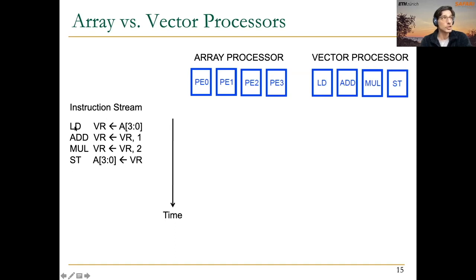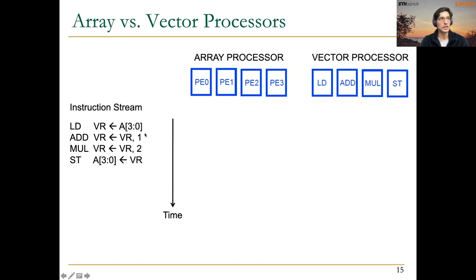So the first instruction, the load instruction, accesses four elements from array A in memory, and these four elements are stored into the vector register. So we know now that the vector register has four registers. Next, we perform this addition.